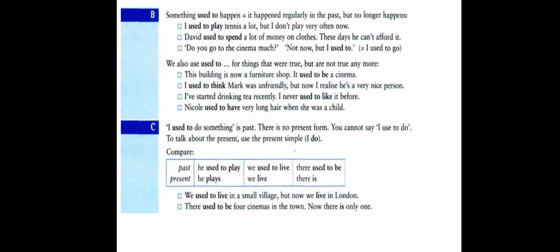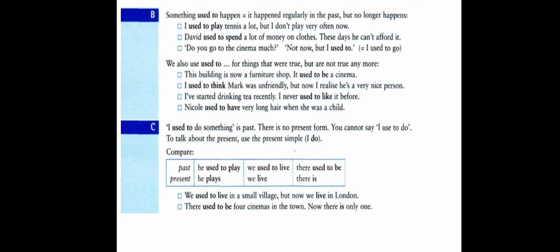We also use used to for things that were true but are not true anymore. Here we mean to speak about states or situations. And if we look here, we find sometimes the verbs are not action verbs, but linking verbs.